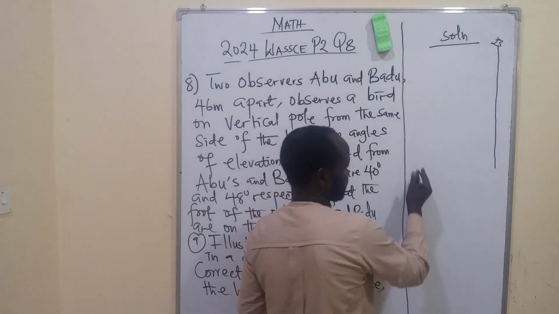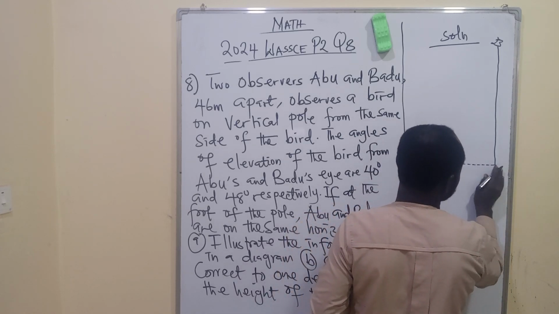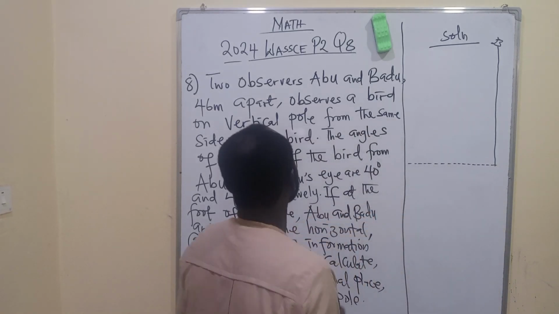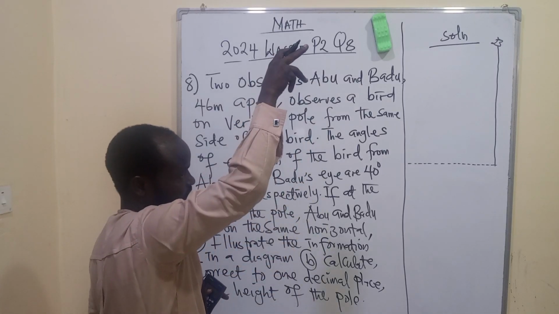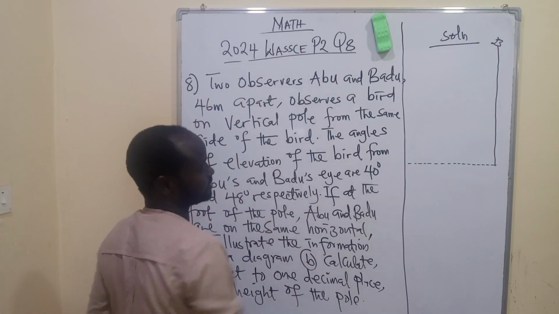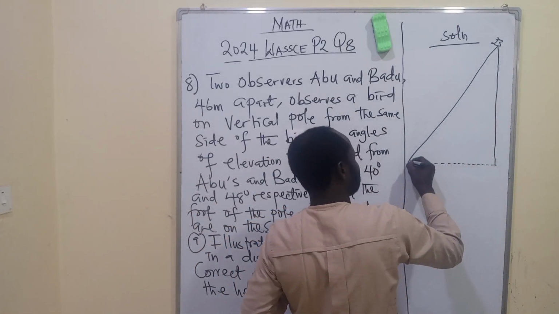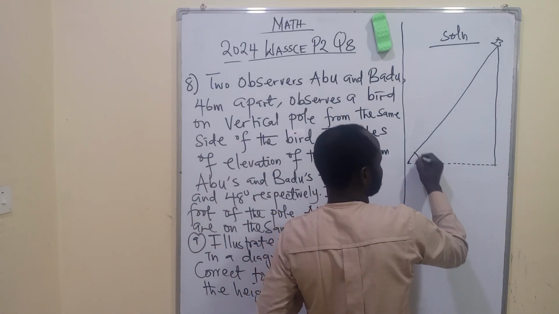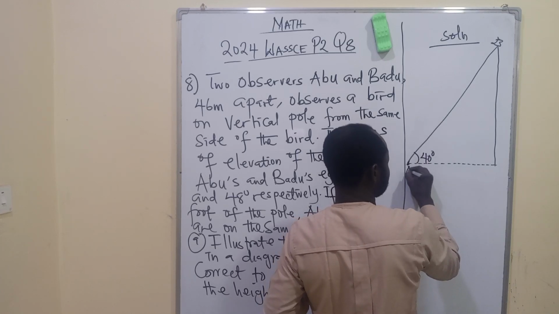We have the horizontal eye level here. Then the first person here is Abu. Abu observed the bird at an angle of 40 degrees, so we have something like this. This will be 40 degrees, and this is Abu here.